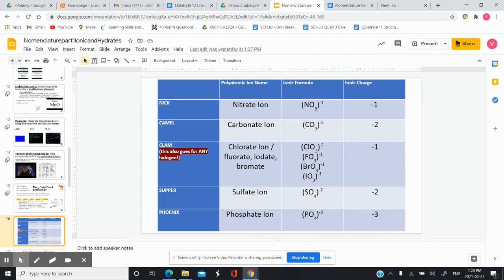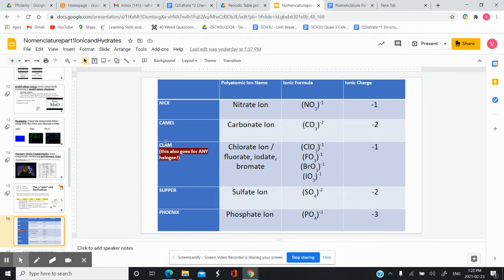Camel, starts with a C. Consonants, 1, 2, 3. There's C, M, L, 3 O's. Charge, well, there's 2 vowels, A and E. So that's carbonate, CO3, 2 minus.